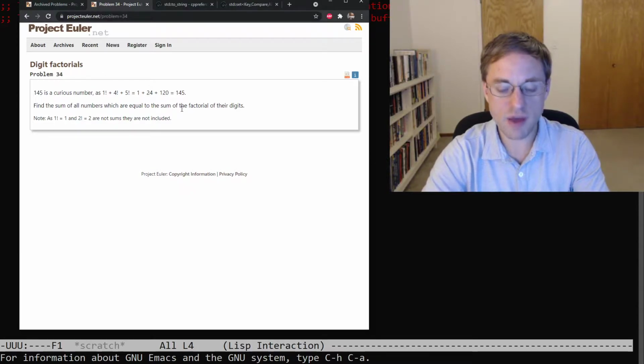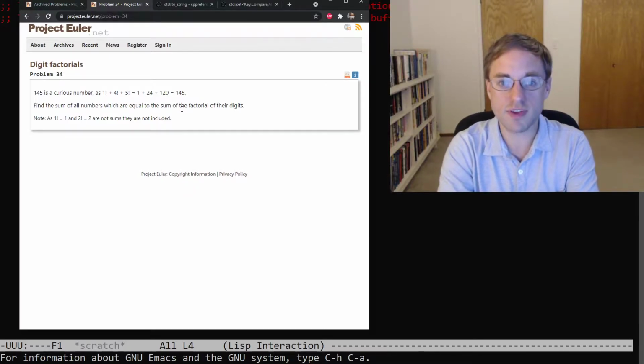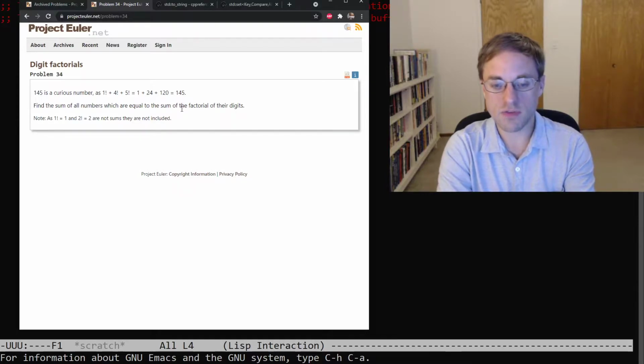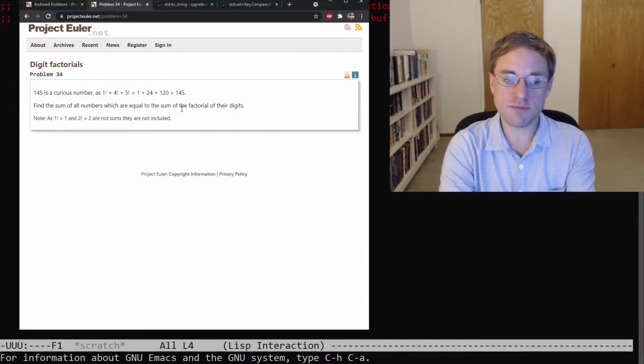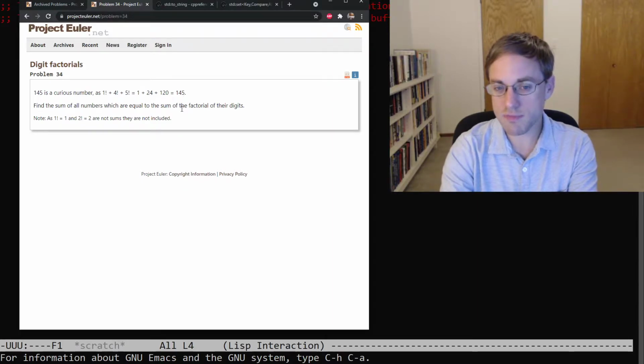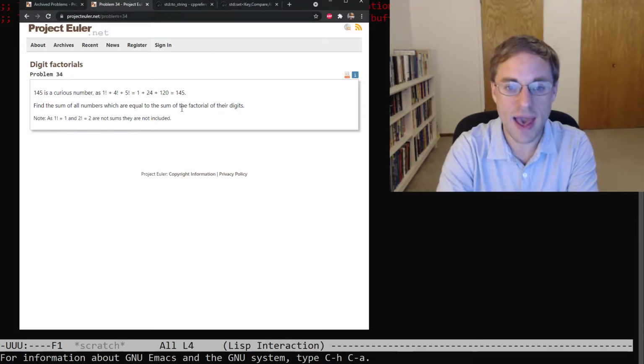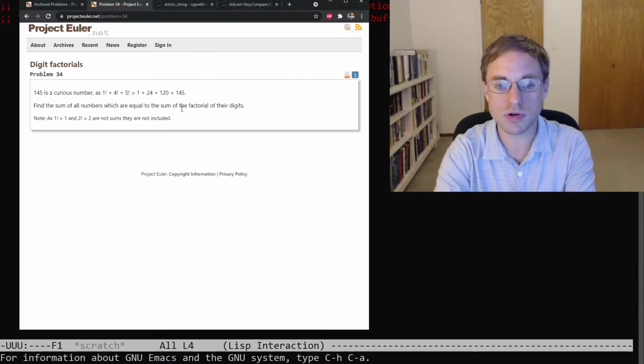Now I find that often Project Euler problems will fall into one of 3 categories. You've got the computer science problems, which ask you to use some technique from classical computer science to solve the problem. There are the number theory problems, which require finding some clever mathematical pattern in the problem in order to solve them.